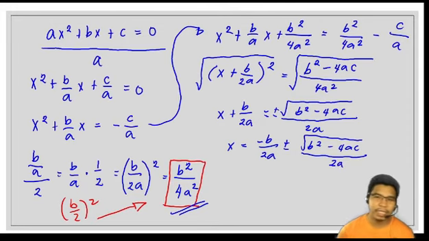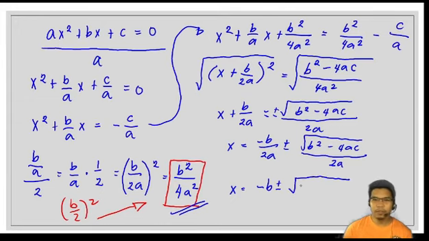Tapos, mapapansin natin na parehas naman ang kanilang denominator, 2a. So, pwede natin pagsamahin. Negative b plus and minus square root of b squared minus 4ac all over 2a.